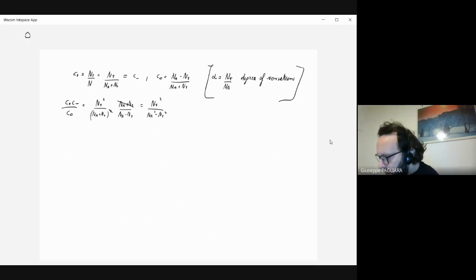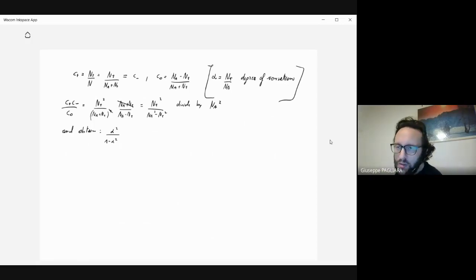Now let me divide by Na squared. And by using the definition of the degree of ionization alpha, we get alpha squared divided by 1 minus alpha squared. Okay, so this is the product C plus C minus divided by C0. So it's alpha squared divided by 1 minus alpha squared.